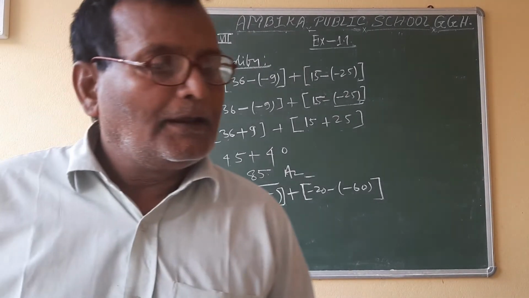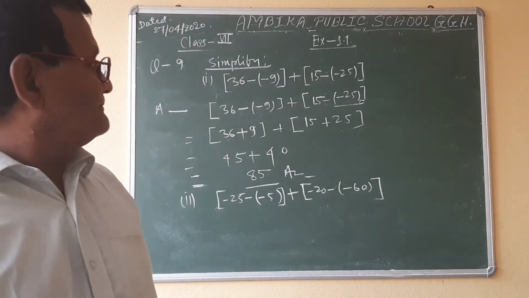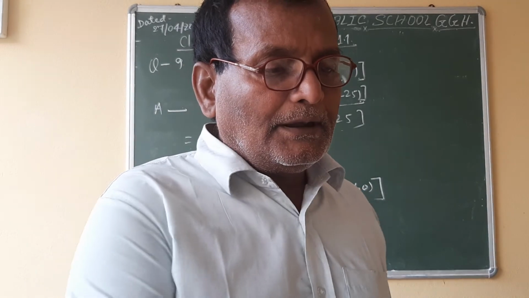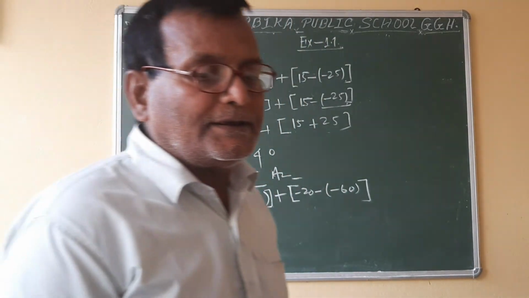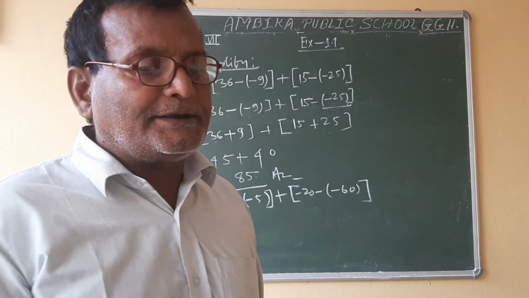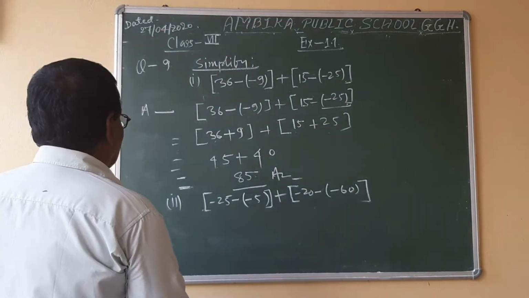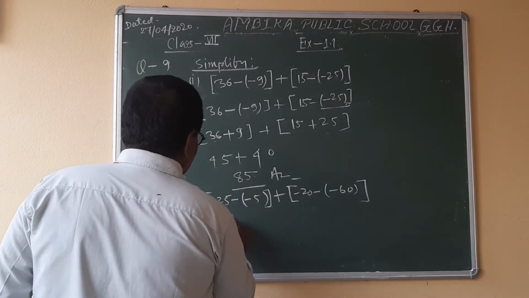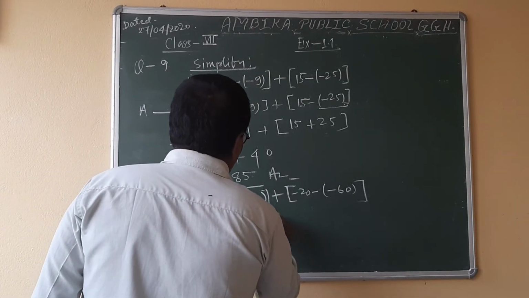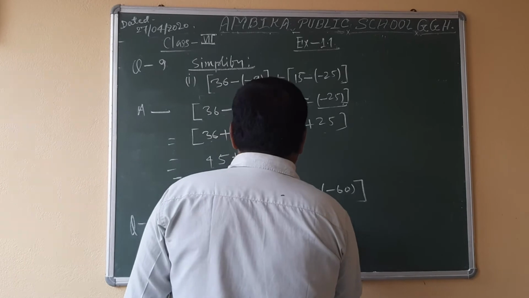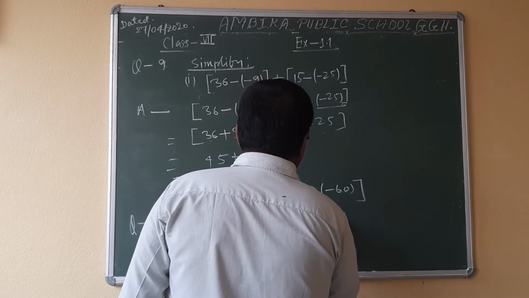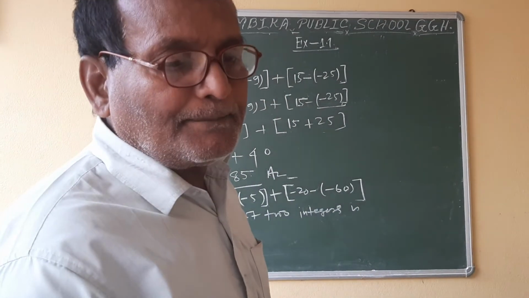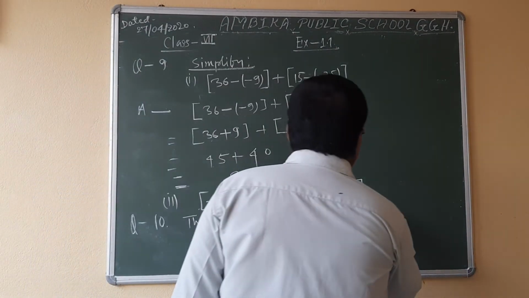And now question number 10. I am going to describe question number 10. The sum of two integers is minus 256.